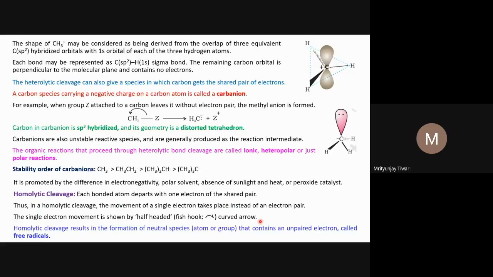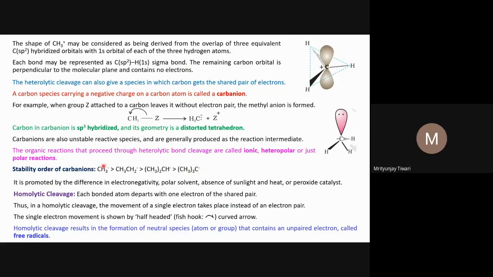In the case of a negative charge species like a carbanion, if the methyl group gives electron density to this carbon atom, the electron density of this carbon will further intensify, and so the stability of the system will decrease.